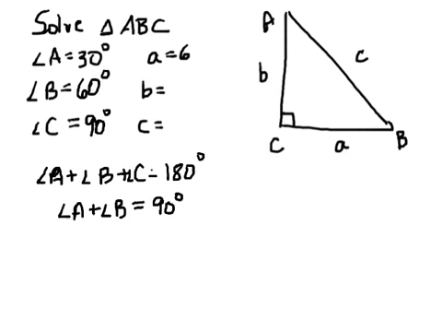Now, I've been given one side. If you notice, angle A and side A are opposite. The side and the angle that are opposite have the same letter. Also, this is the 30, 60, 90 triangle. And what we remember is that there's this great ratio with 30, 60, 90. Now, the short side is A because it's opposite the small angle.